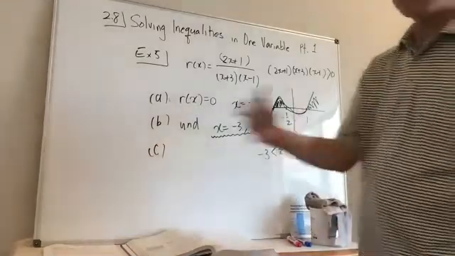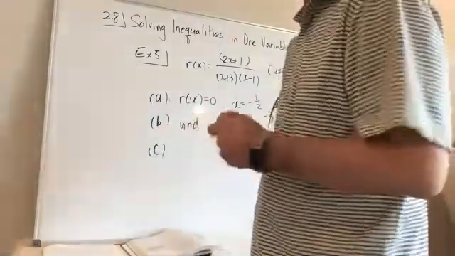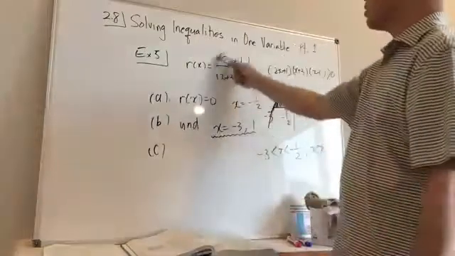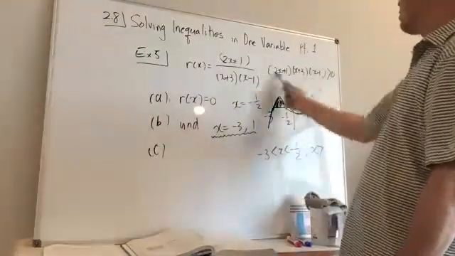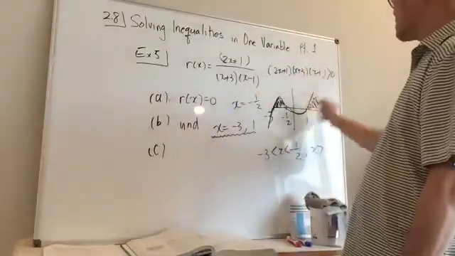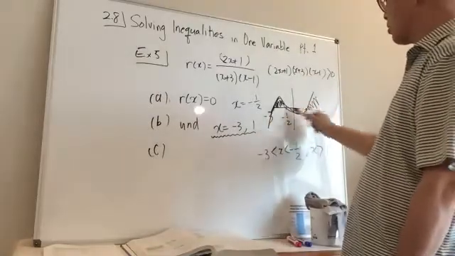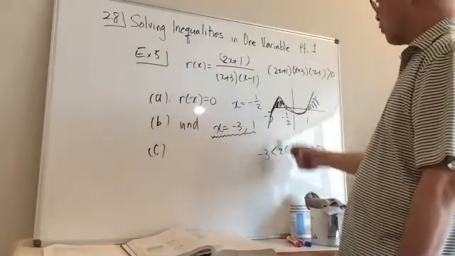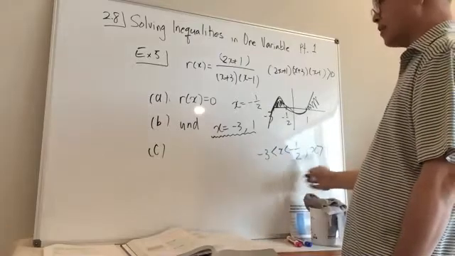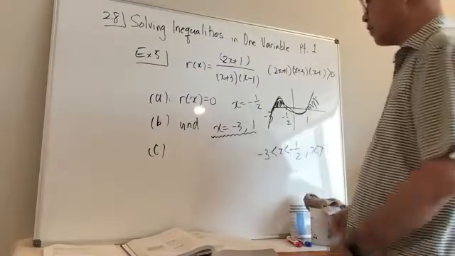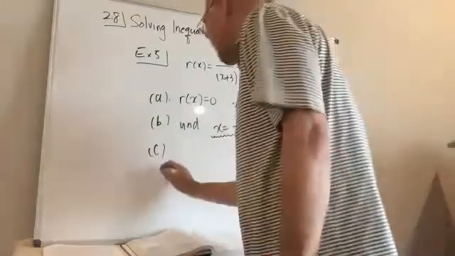Again, this is not easy, this is kind of new. It's going to be positive when these factors combine to be positive, after I draw the polynomial. So that would be C.